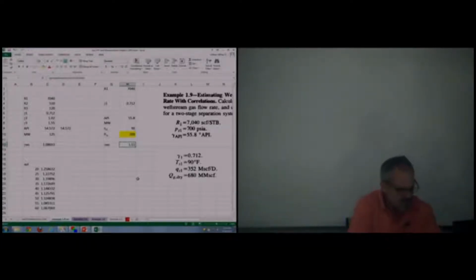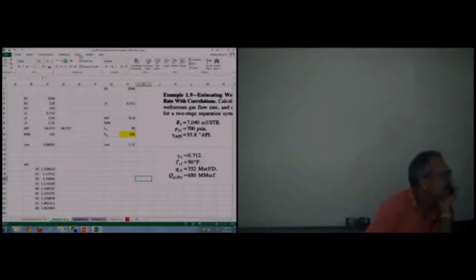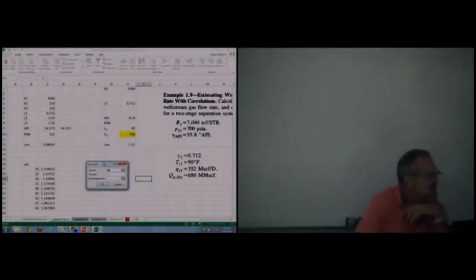We don't know this dry gas, right? We can't even make, well, I'm going to say data. Flow stream. Flow rate. Where's my what if? Goal seek. Okay. And then I'm going to say capital Q is the volume of separator.